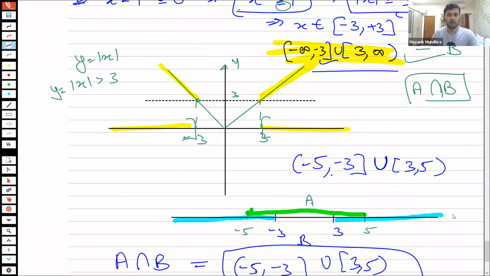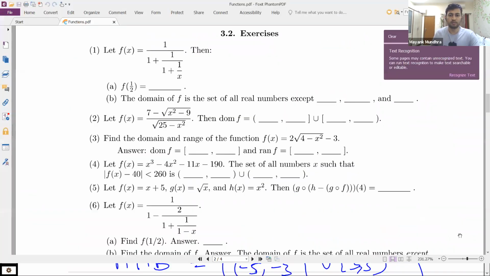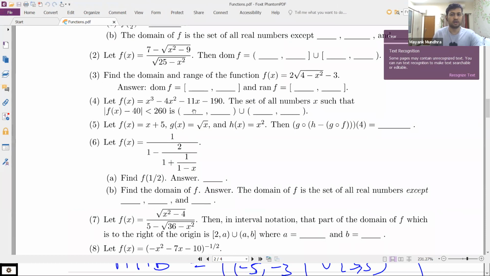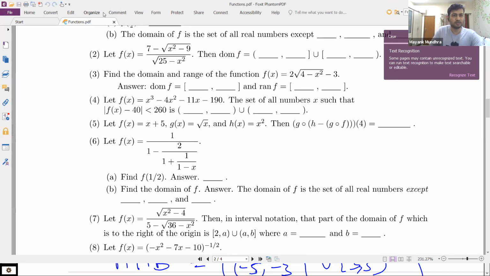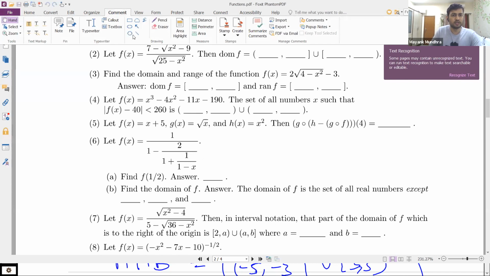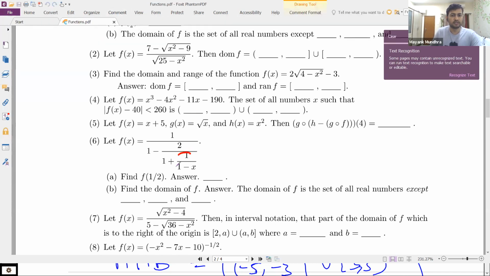So let me come back to this problem set. When you do any problem from this set, just make sure you proceed in a very orderly manner. For example, in this question, the denominator has to be non-zero. So first you need conditions for this thing to be non-zero.